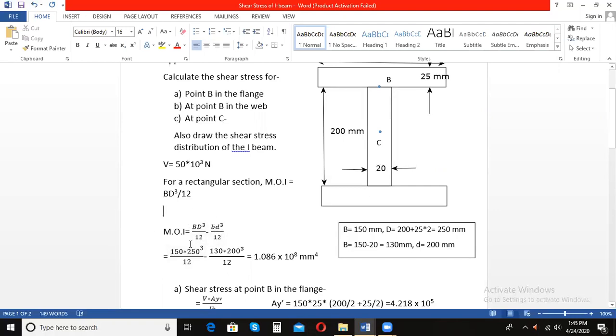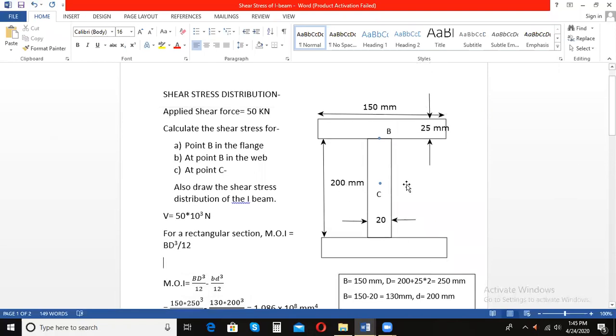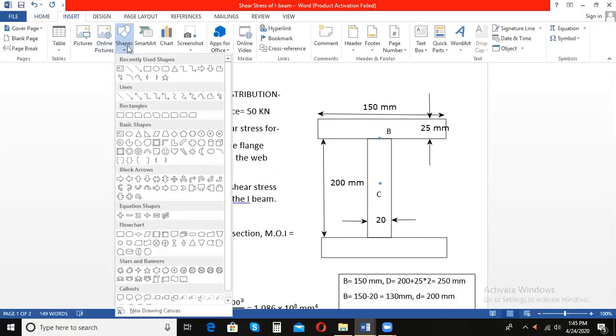These are the moments of inertia of rectangles. I am subtracting the moment of inertia of a smaller rectangle from that of a bigger rectangle, so you have to simplify this I-beam into two rectangles. Now let me show you how.